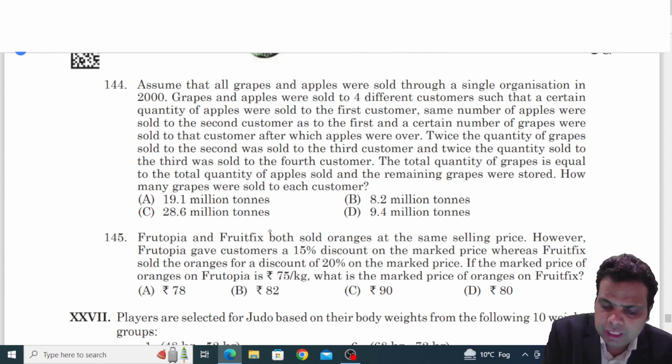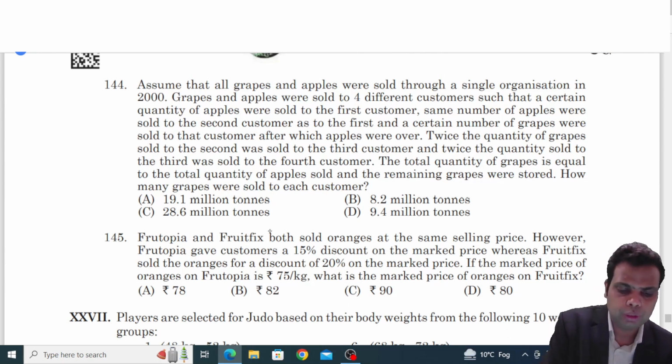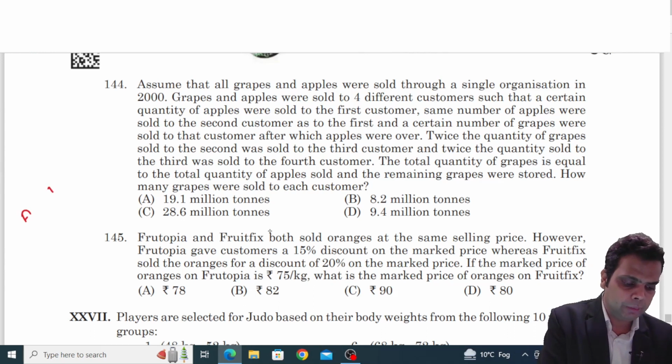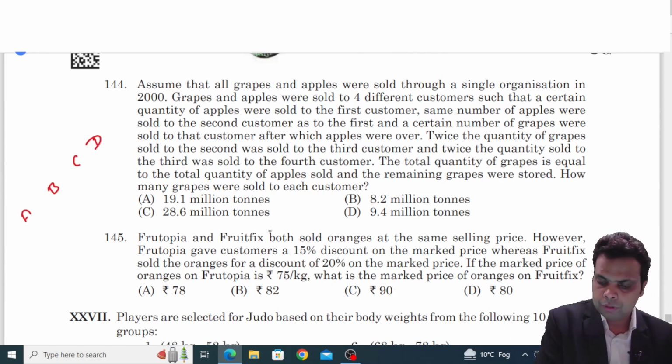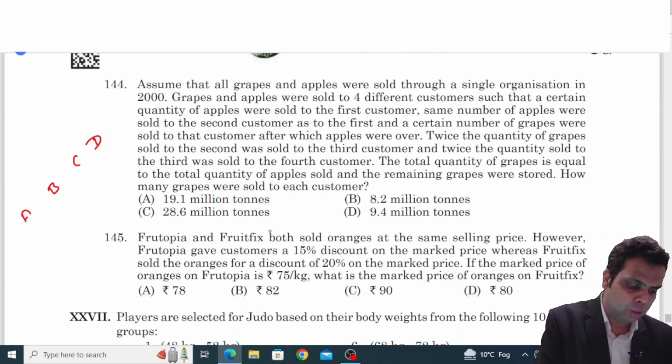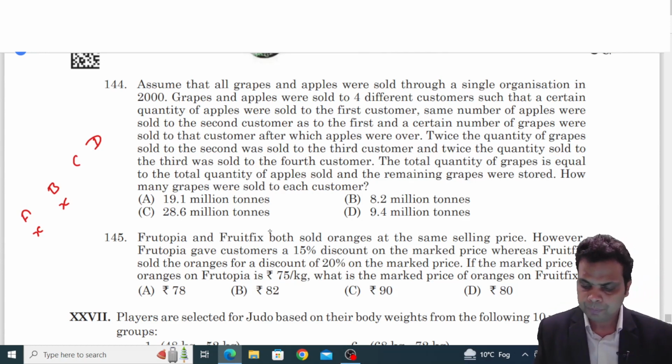Now, if we find out the successive changes, we'll check. Assume that all grapes and apples were sold through a single owner in 2000. Grapes and apples were sold to 4 different customers. Let's assume that they are A, B, C and D, right? Now the first customer, the same number of apples were sold to the second. Let the number of apples be X, sold to X only.